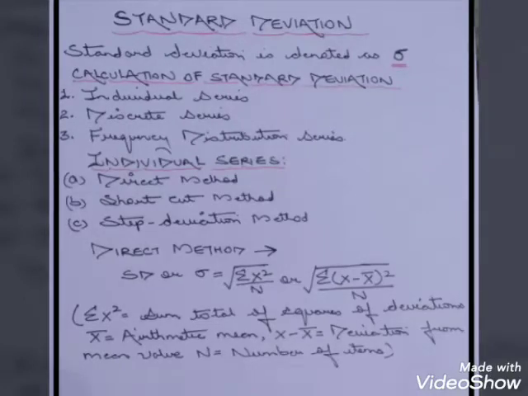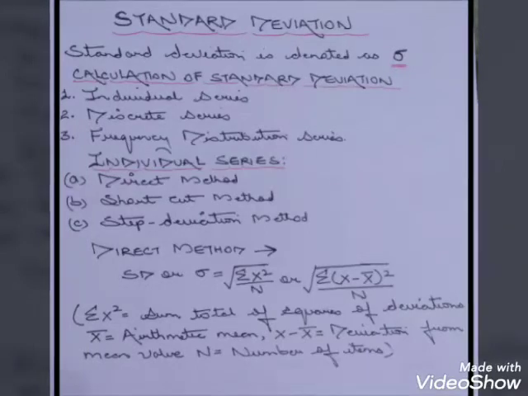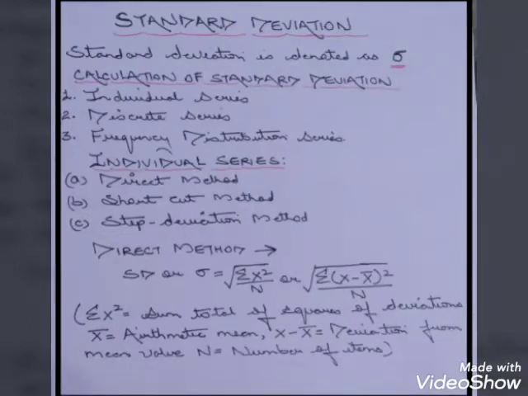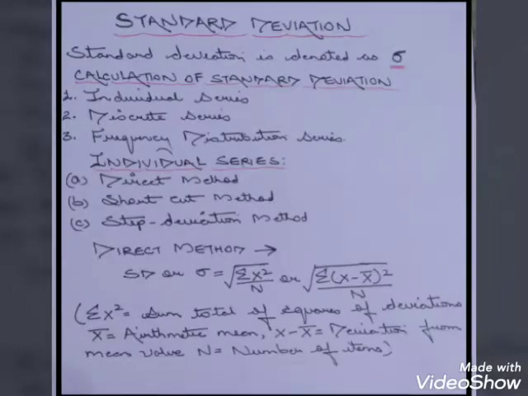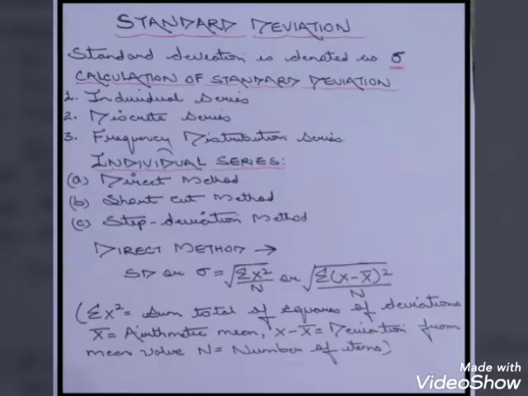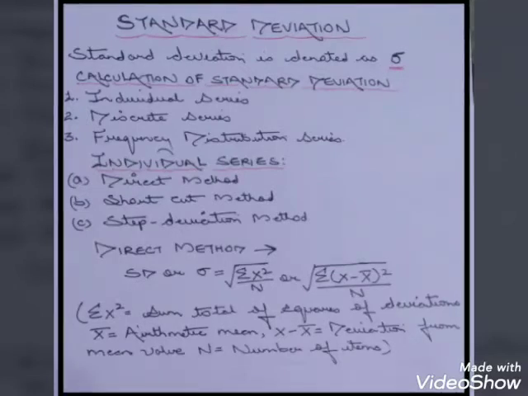Now to start with this method, let me tell you the formula for direct method through which we can calculate standard deviation. The formula goes like this: SD, that is standard deviation, equals square root of sigma x square upon n, or square root of sigma (x minus x bar) square upon n, where sigma x square, children, means sum total of squares of deviation.